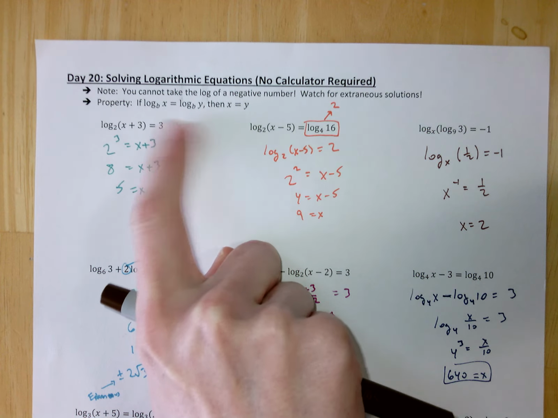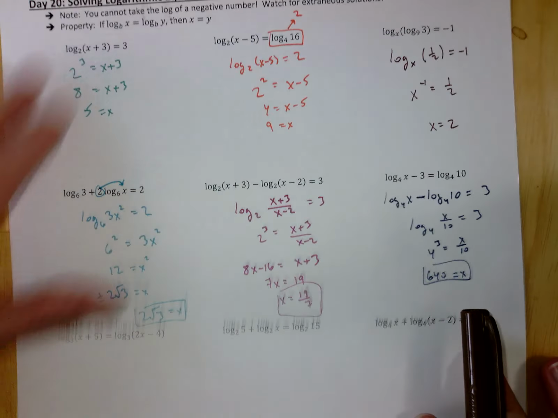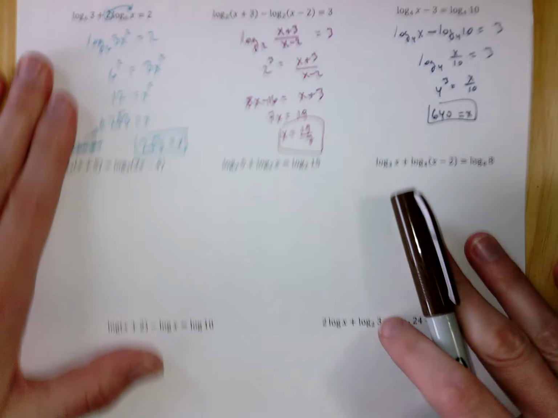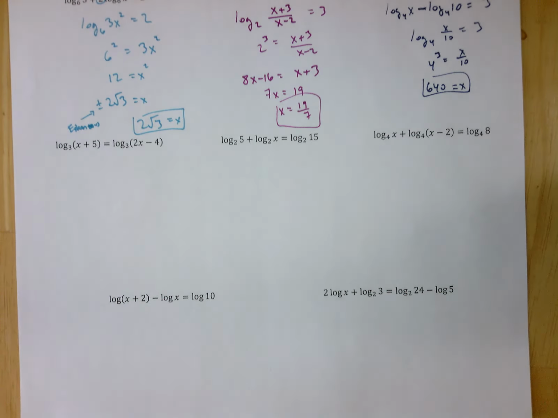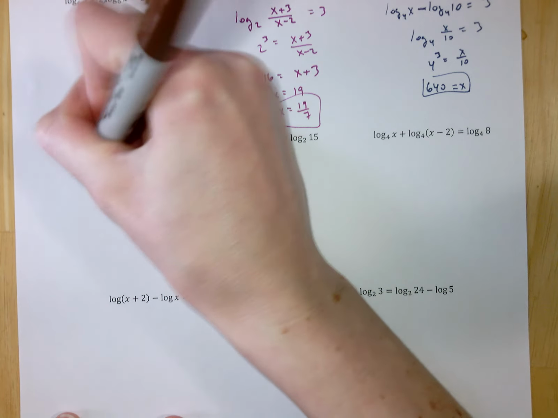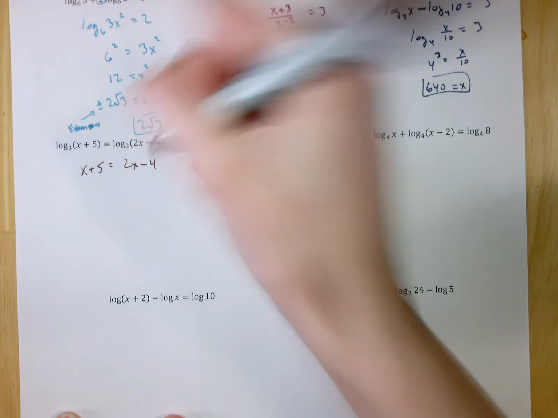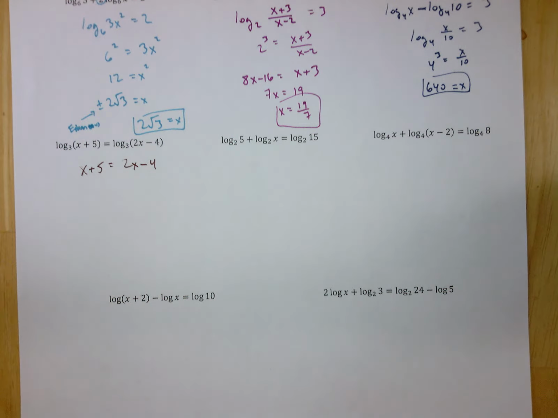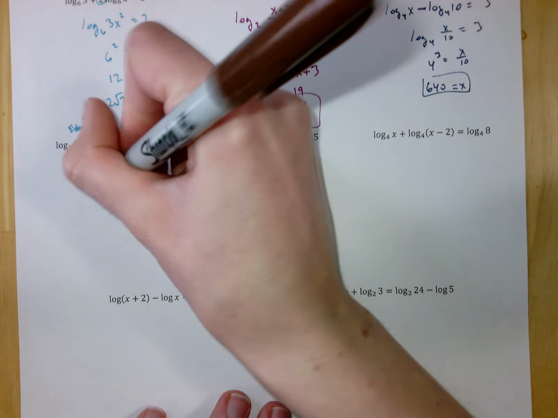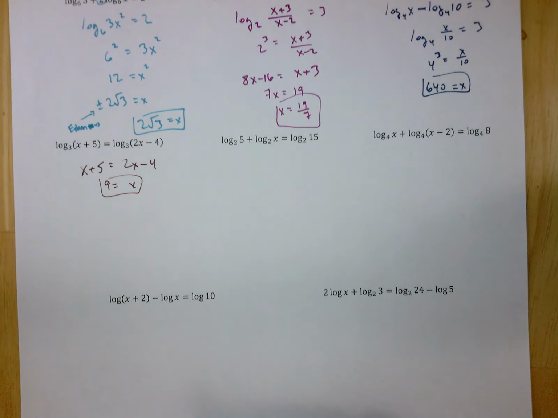If they have the same base number and they equal each other, then the arguments have to equal each other. So here, same base number. That tells me that the 2 arguments have to equal each other. So x plus 5 must equal 2x minus 4. Okay, and then I can solve that, and I'm going to get x equals 9.